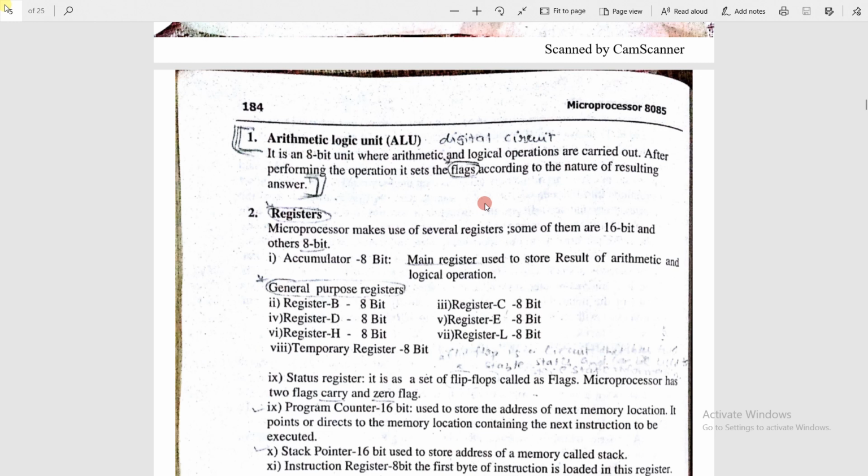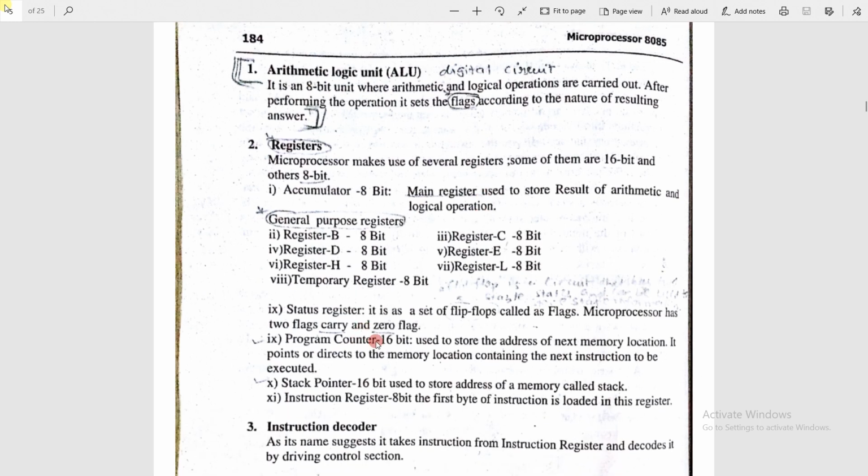Carry flag: when I add two numbers, for example, you are adding 90 plus 10, what you will get? 100. That is one carry. So carry flag will be set to 1 if there is a carry. If there is no carry, carry flag will be set to 0.